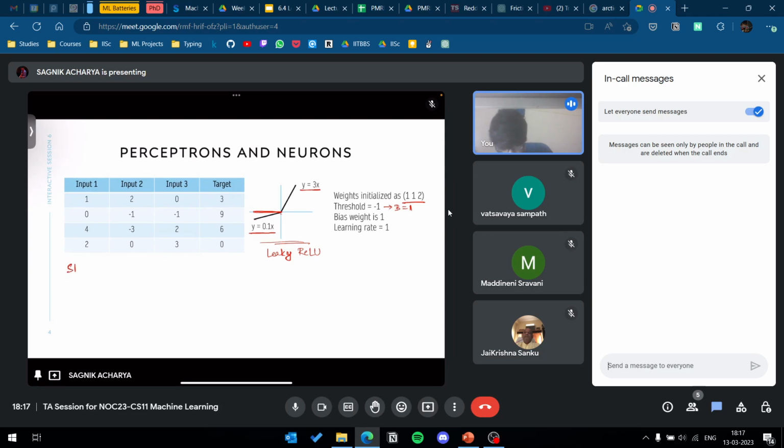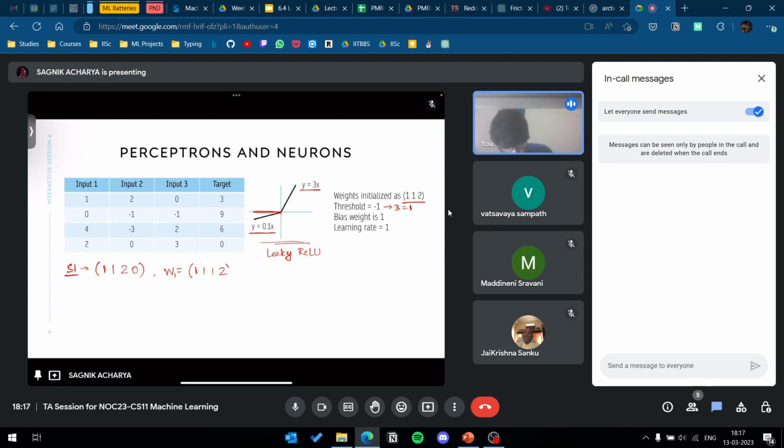I'll always write the bias input first, so 1, and then the three inputs 1 2 0, right? My weights are w1, where I first write my bias weight and then the three other weights, so 1 1 1 2.